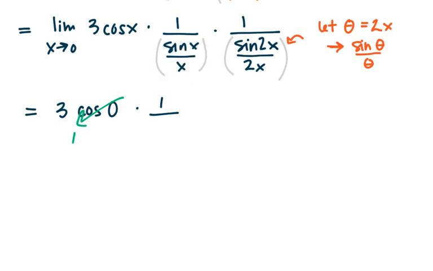When I plug 0 into that, I know that gives me 1, times 1 over sine 2x over 2x is also going to give me 1. So in this situation, my limit value is 3 times 1 over 1 times 1 over 1, and that's just equal to 3.